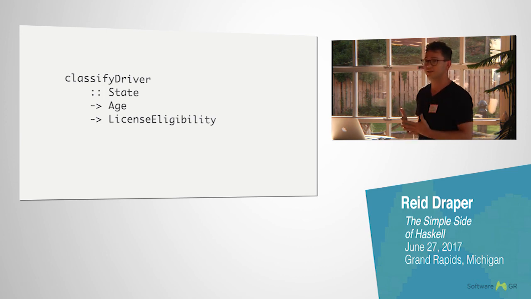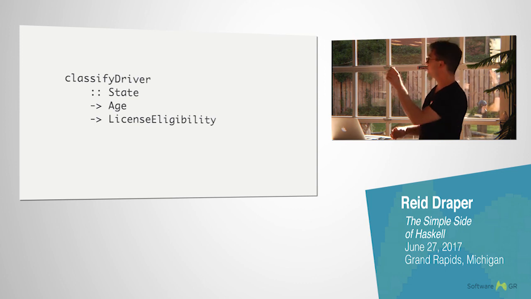The one place that we care about something actually being a Boolean is something like an if statement. So we're doing like, if the person is eligible to get their license, go down this branch of code. And we can easily replicate that by just saying if this value equals eligible.